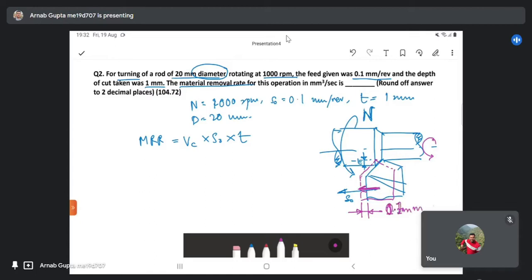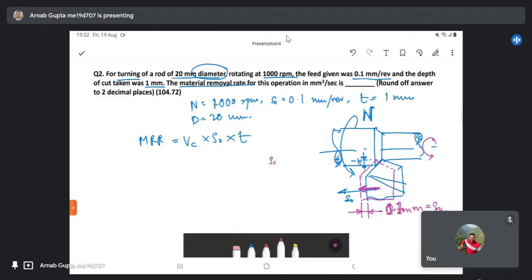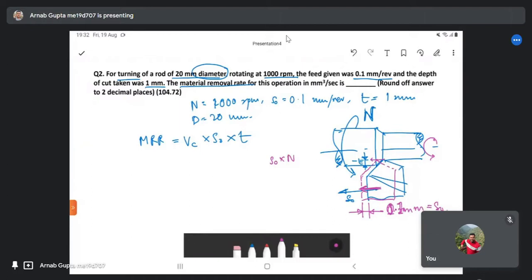Feed. This is S naught. So likewise, in 1 minute, the workpiece is rotating 1000 revolutions, that is 1000 into 360 degrees in 1 minute. So how much is the tool moving in 1 minute? It should be S naught into N, right? So S naught into N is how much the tool is moving in the lateral direction.